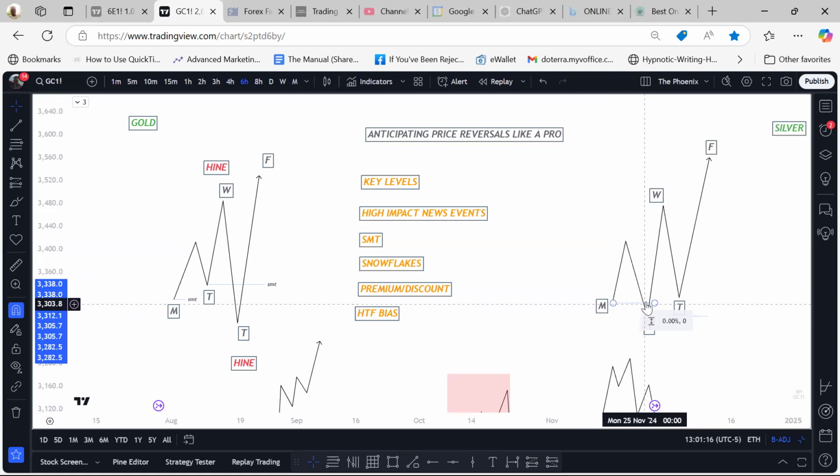So we're either going to be looking for a breaking structure, or after the breaking structure, we wait for price to trade back into a fair value gap or balanced price range or inverted fair value gap, whatever it is that you use to confirm your trades. We do it a little bit differently, where we look for what we call these snowflakes, right? That's just a very playful name for what we use.